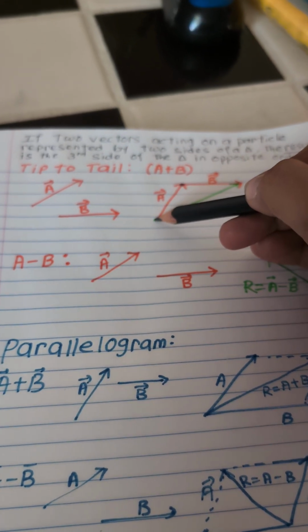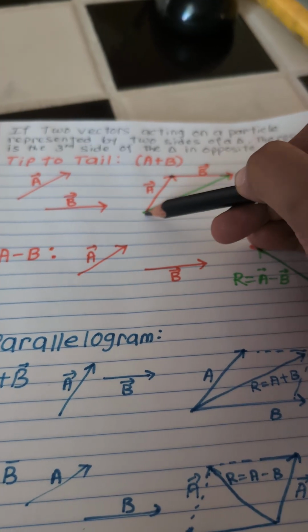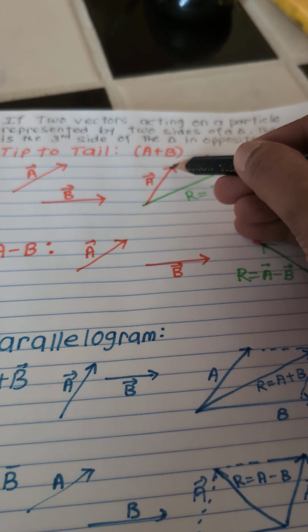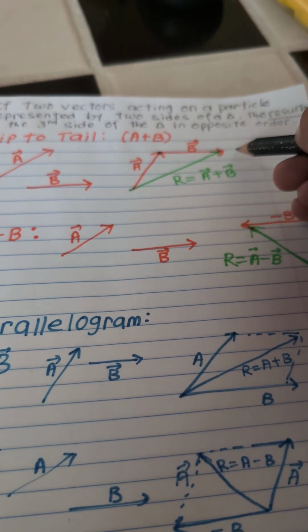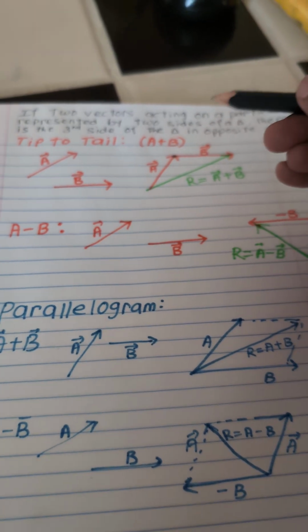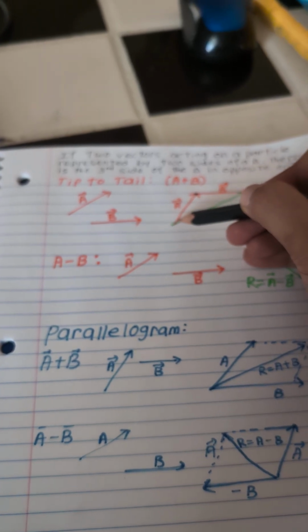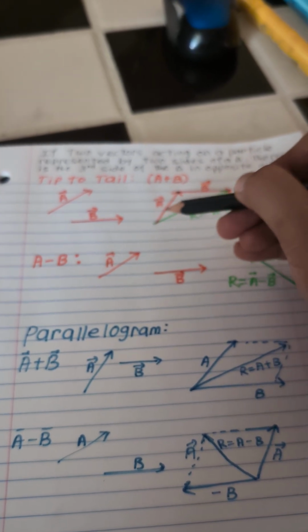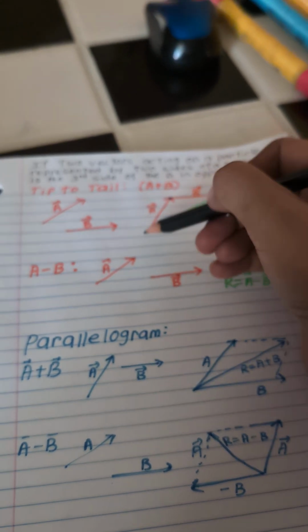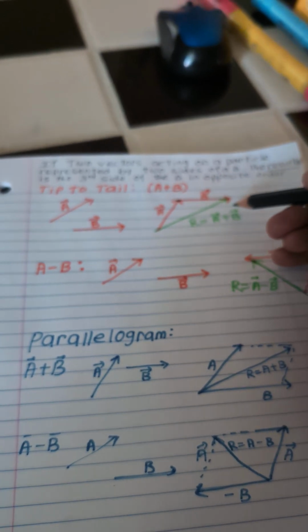If you place vector A from tail to tip, then the second, B, in the same order from the tip of A towards this direction, then the resultant will be represented by the third side of the triangle, that is in the opposite order, starting from the tail of A towards the tip of B. So two vectors in one order and the resultant will be in the opposite order.